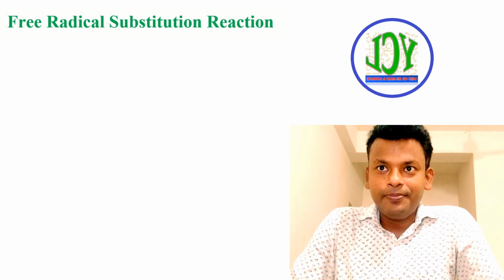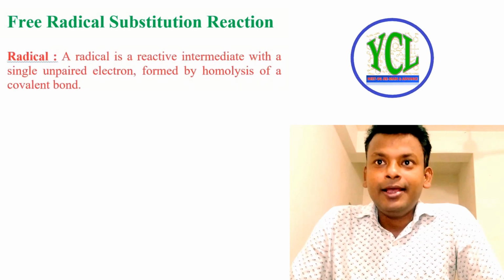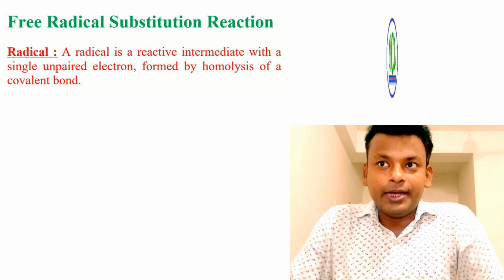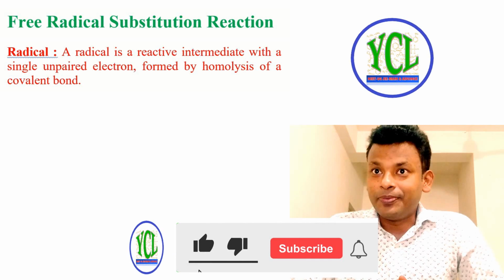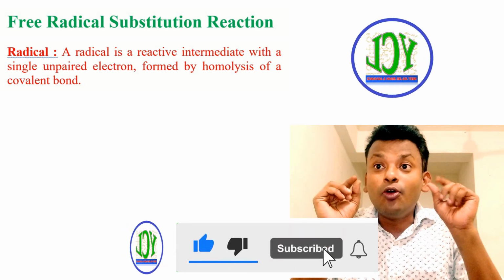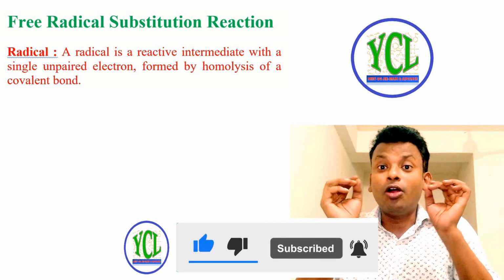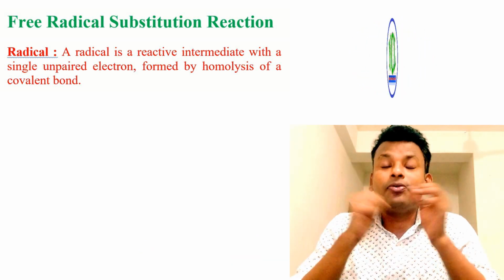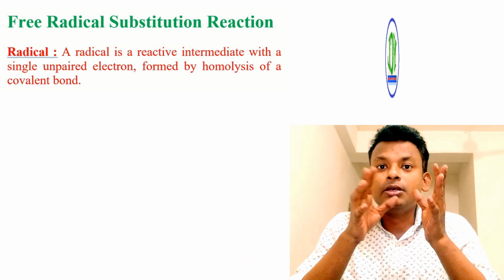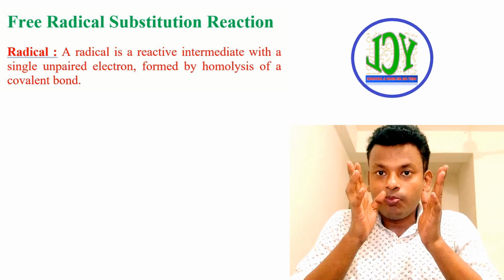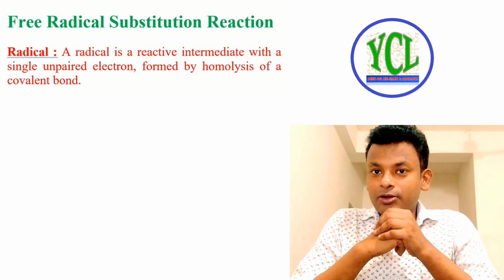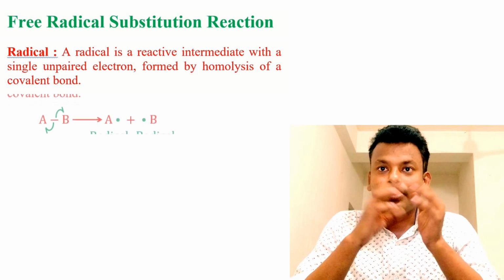What is a radical? A radical is a reactive intermediate with a single unpaired electron, formed by homolysis of a covalent bond. Homolytic cleavage forms a single electron from the covalent bond.